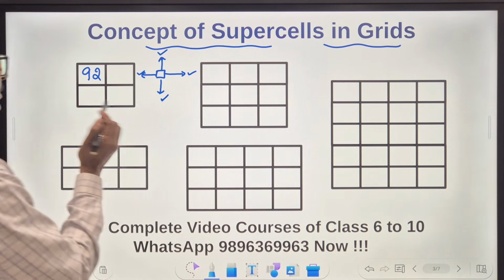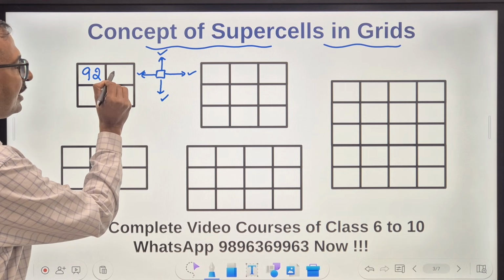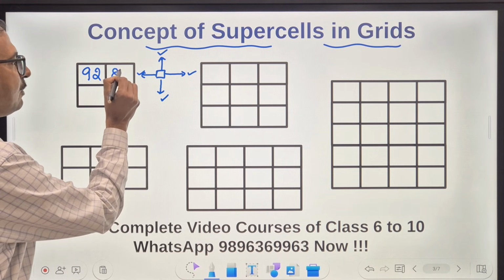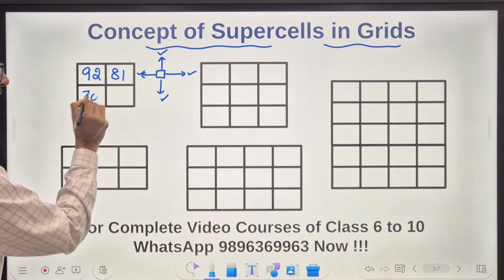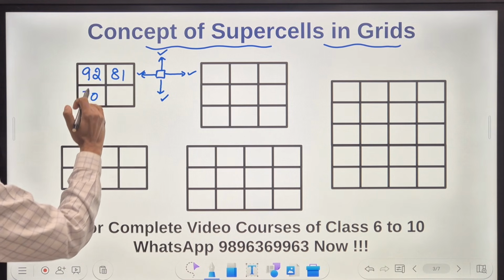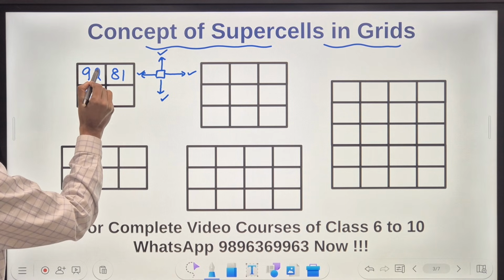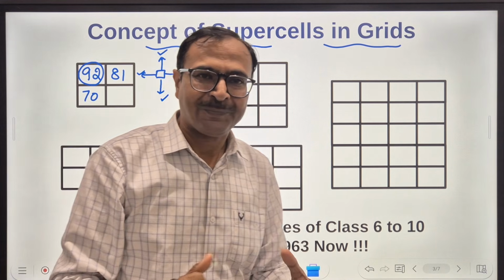If those neighbors are smaller, like for 92, this is the right neighbor. This number, if it is smaller than 92, like 81, and the bottom neighbor here, say 70, it is smaller, right? So both the right neighbor and the bottom neighbor are smaller than this, and therefore this 92 becomes a supercell.